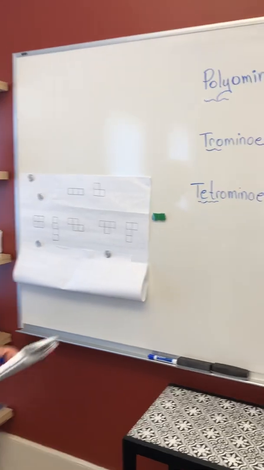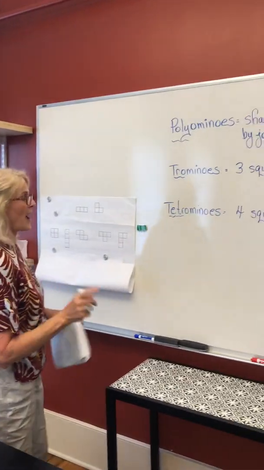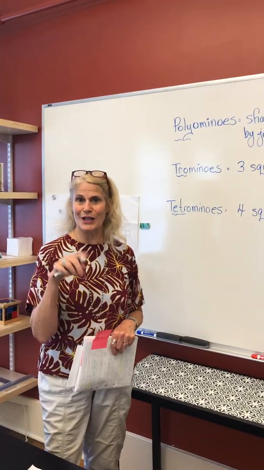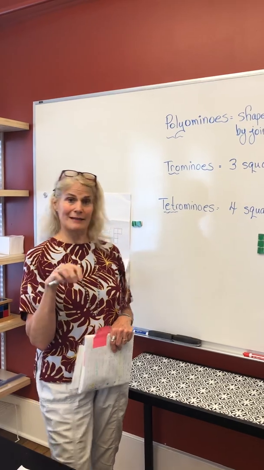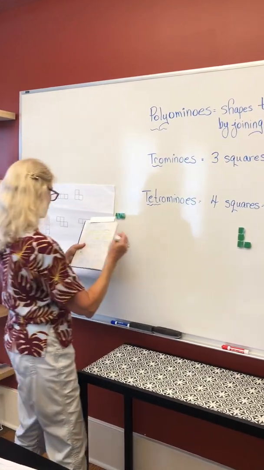All right, and I hope I'm not moving too fast, but we'll go to number 5. So 5 squares. Remember in your geometry, you had the pentagon, right? Penta means 5. So we're going to have pentominos.